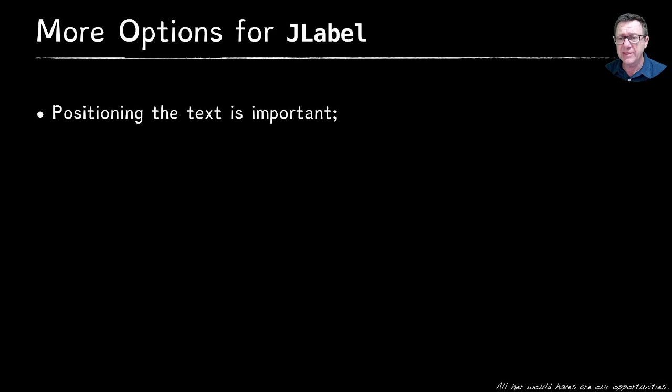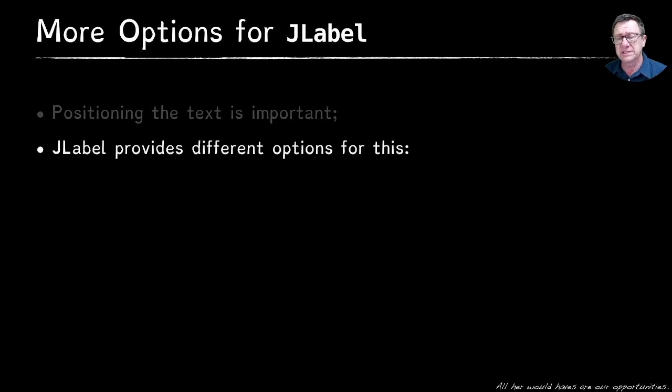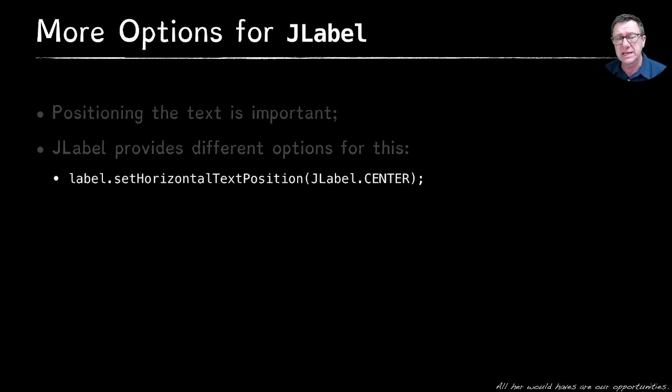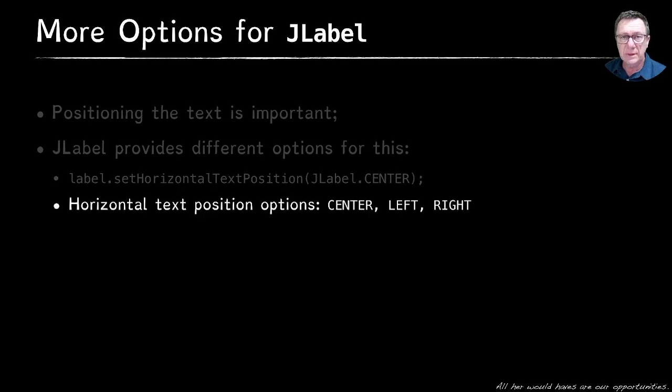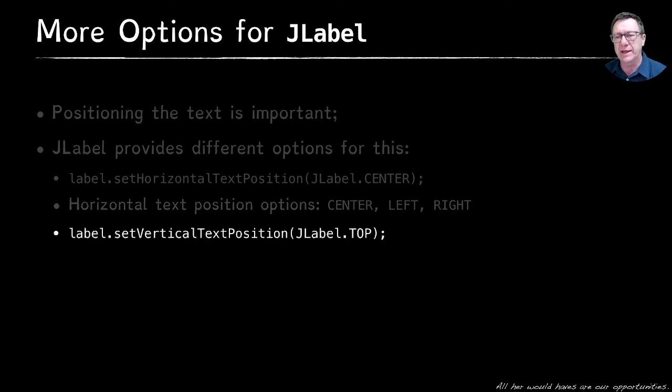So what are some of the other options? When it comes to positioning text, very important. And we have an option to do this. setHorizontalTextPosition(JLabel.CENTER). Cool. Horizontal text positions, I think you would probably have guessed them. We have center, left, and right.